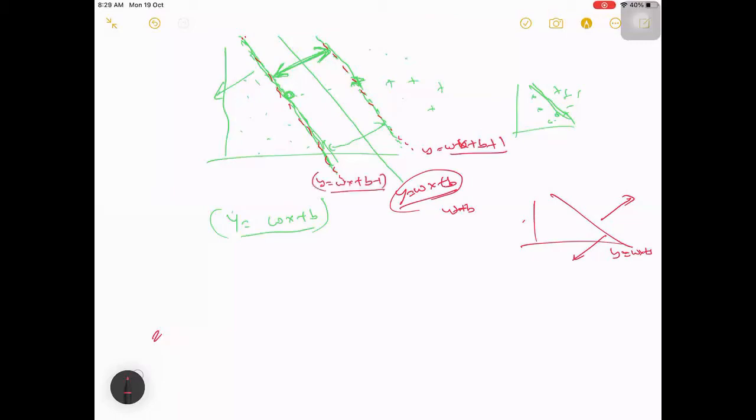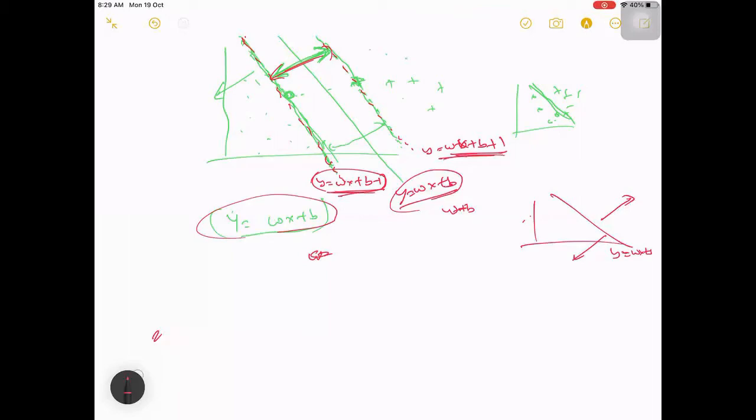So take these two as these two lines, and our objective now is to find out the width between these two, and say that we are maximizing that. That is how we'll be approaching it.